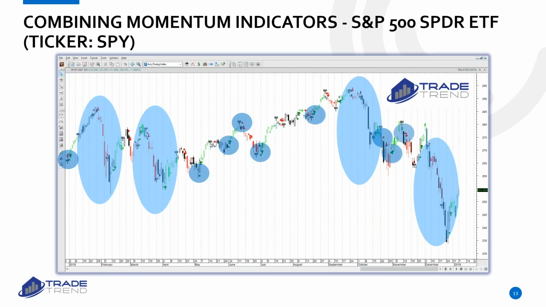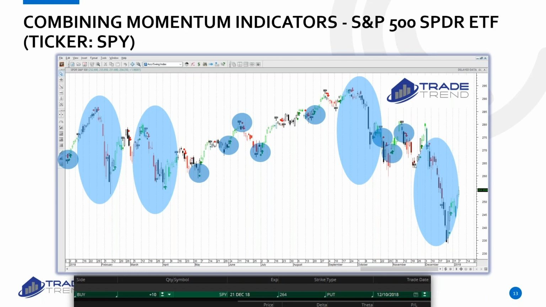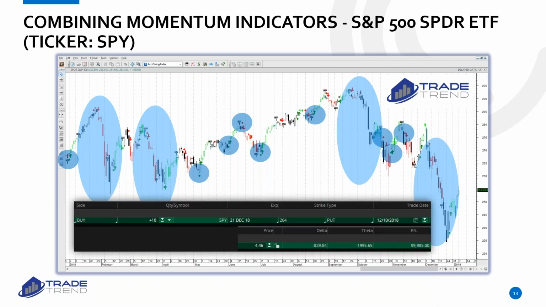Now, if you look on the right side of the screen where I've got the big oval that caught the December correction, if we had bought just 10 at the money put contracts, 264 strike, when we got that red diamond telling us that the market was about to move down, it would have netted us nearly $10,000 in profit just on that one move alone.